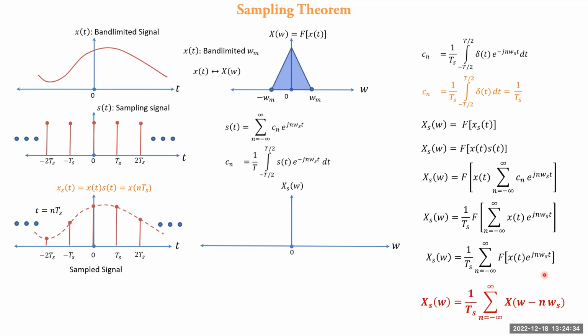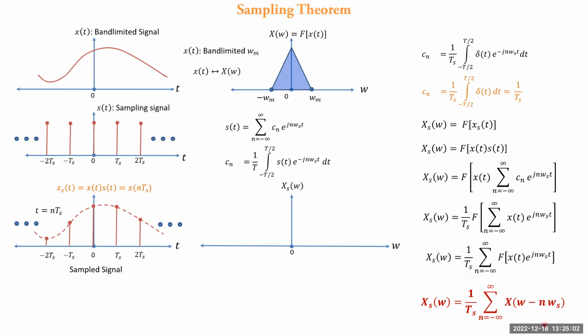So when this Fourier transform of x(t) times e raised to jn omega s t is substituted, you will get the final equation for the Fourier transform of the discrete time signal xs(t), which is nothing but Xs(omega) equal to 1 upon Ts times the summation, n varying from minus infinity to plus infinity, of X(omega minus n omega s).